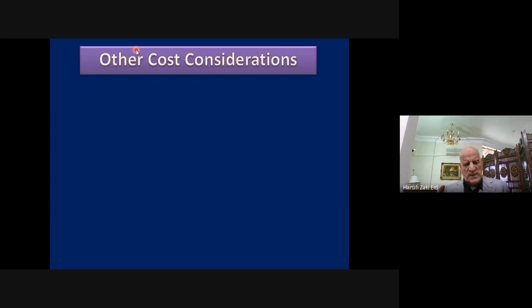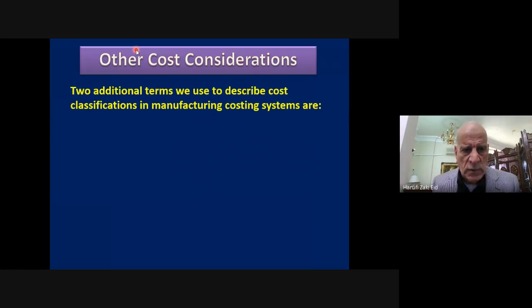In addition to the previous demonstration, in which we classified manufacturing costs into three elements: direct material costs, direct labor costs and overhead costs, we have other cost considerations, which I would like to make you know. Two additional terms we use to describe cost classifications in manufacturing costing systems.